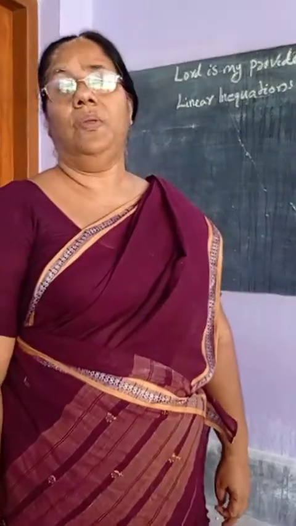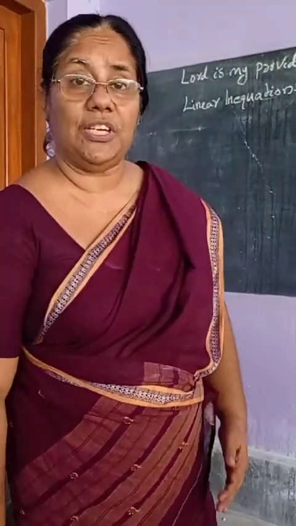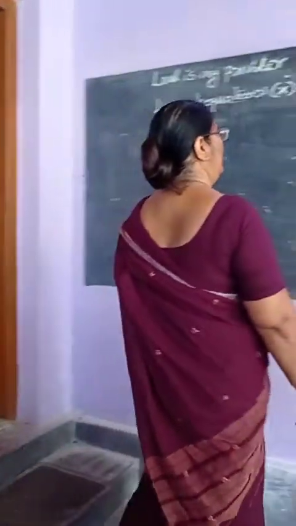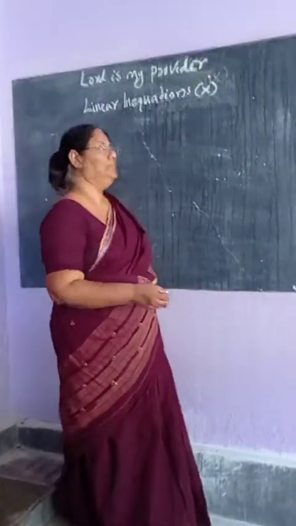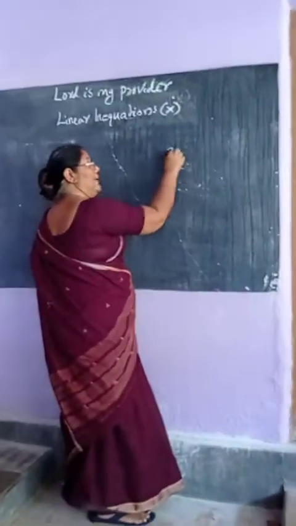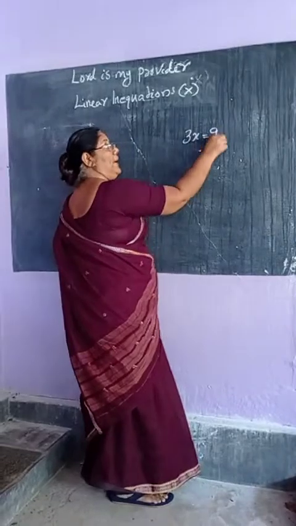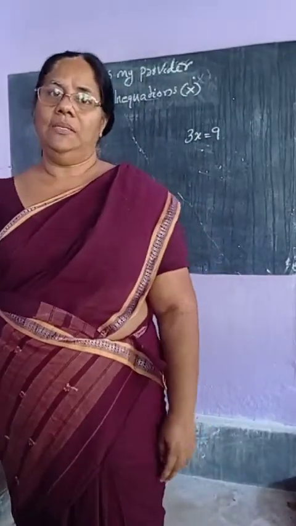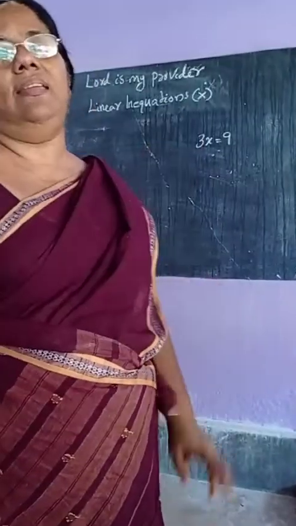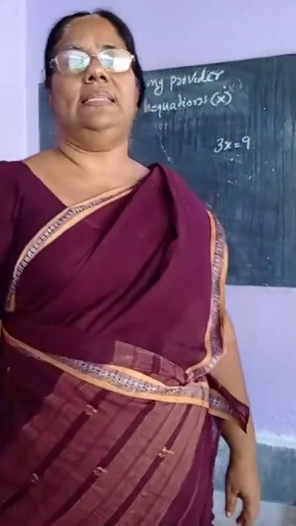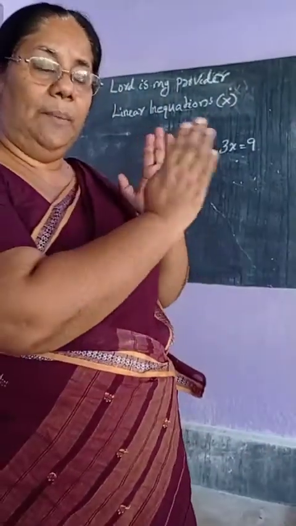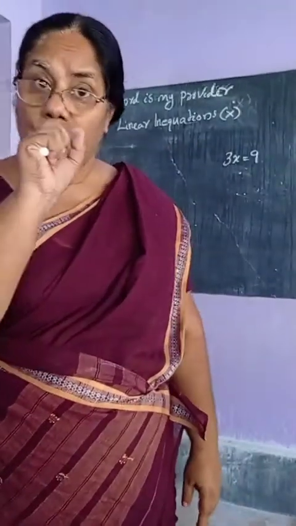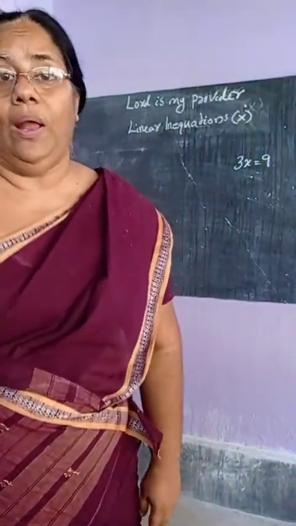You know, what's the meaning of an equation? Look here. 3x = 9. This is an equation. That means here one side is 3x and the other side is 9, and we separate these two sides using the symbol equal.